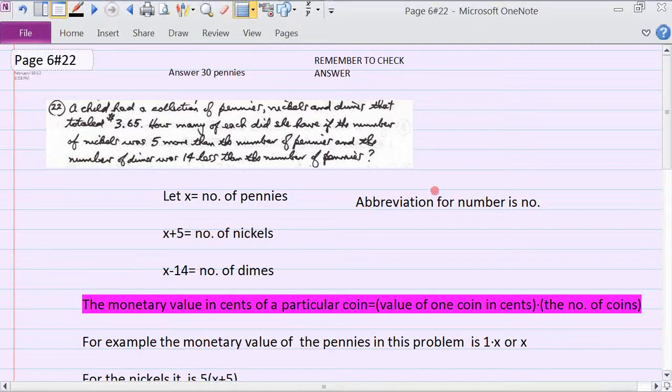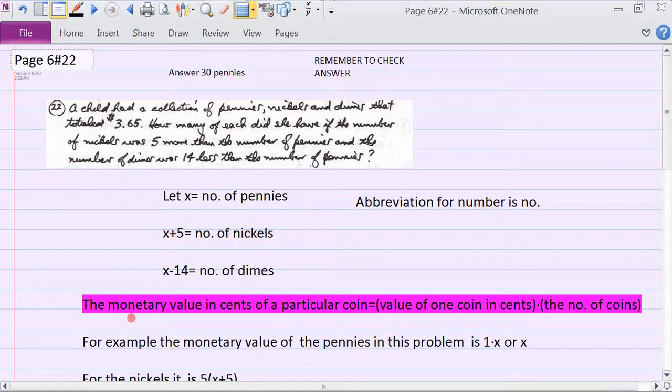NO is the abbreviation for number. And the number of dimes is 14 less, so I subtract 14 from the number of pennies because that tells us the number of dimes. Now, what I've identified is the number of each coin that I have, the number of pennies, the number of nickels, and the number of dimes.